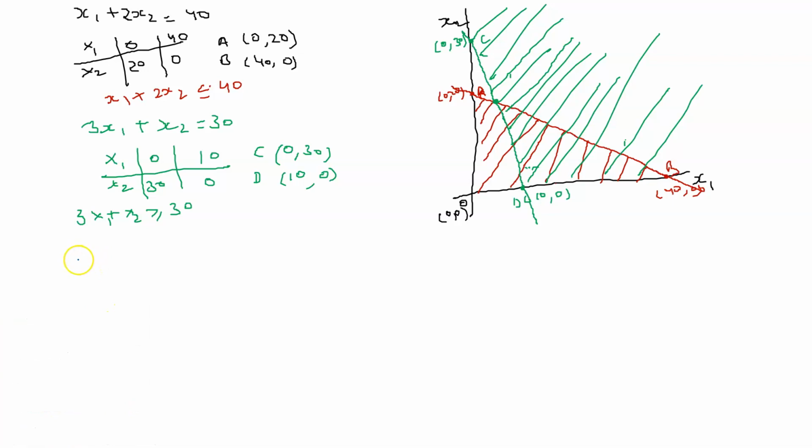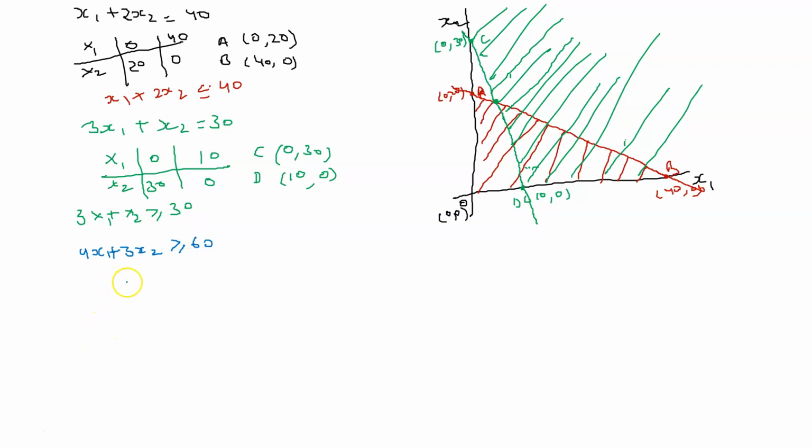The third line in the form of an equation is 4x1 plus 3x2 is equal to 60.